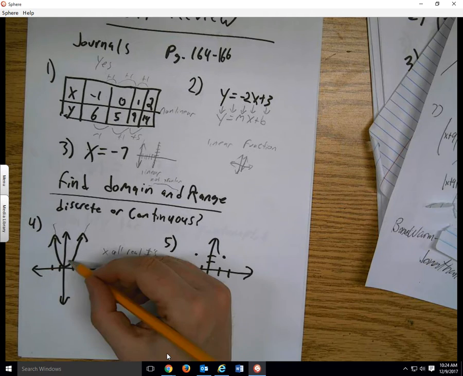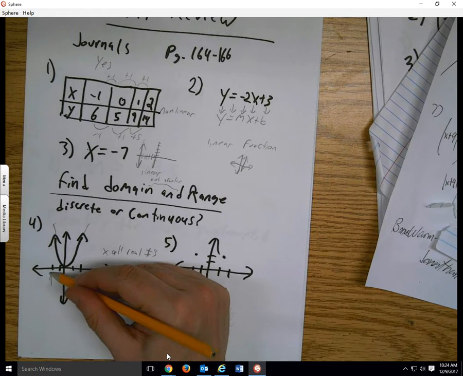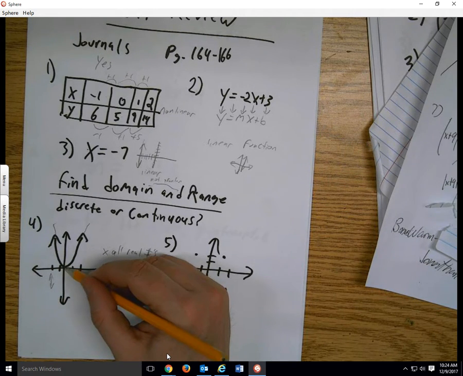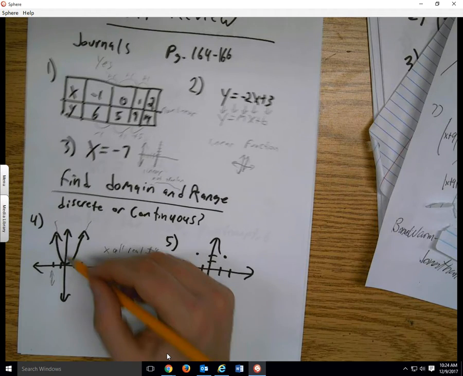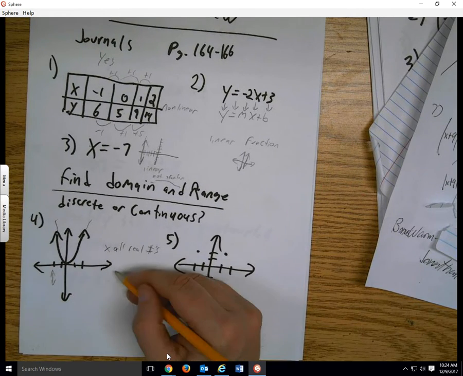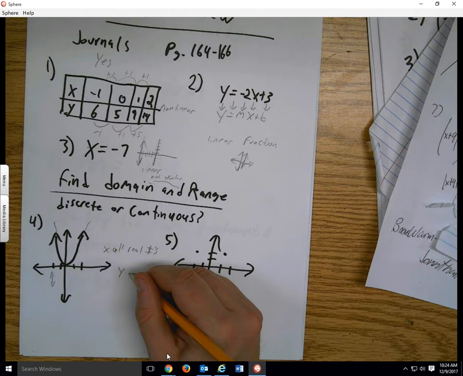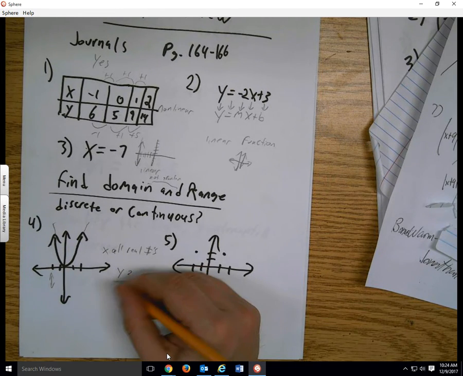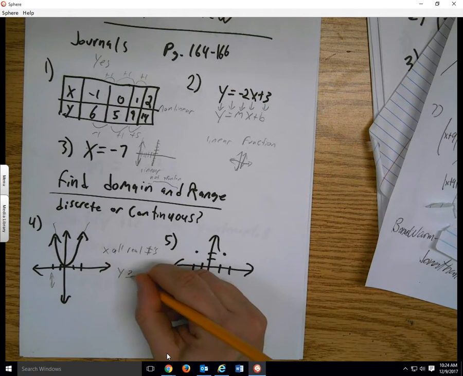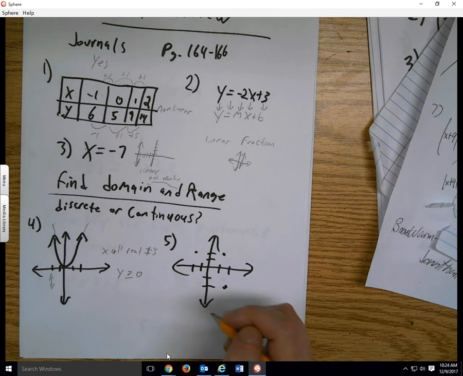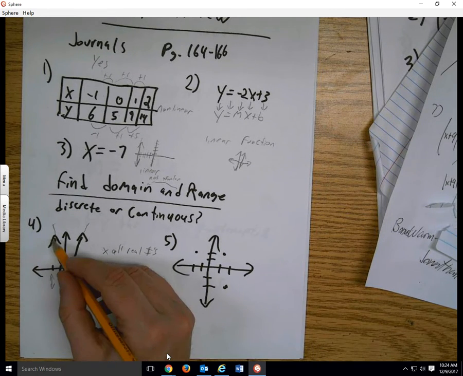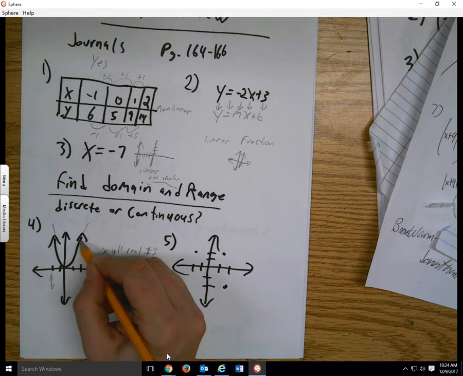But looking at the y values, it doesn't go up and down forever, does it? It starts at the origin, and it goes up. So y is greater than, and it looks like it's hitting 0, so it's greater than or equal to 0. Okay, and is it discrete or continuous? Well, the line is continuous.